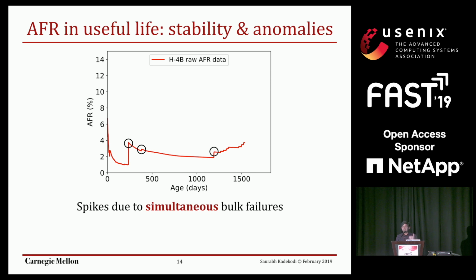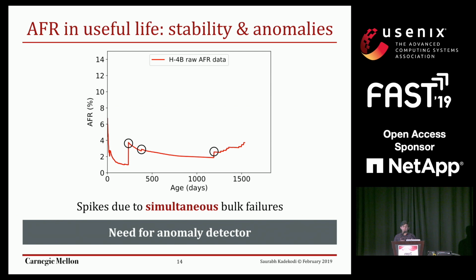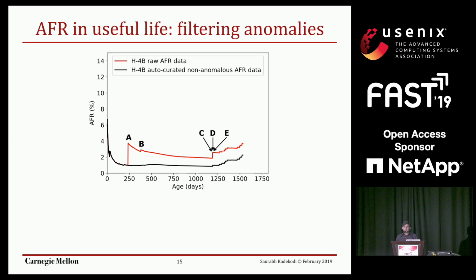Now, this clearly indicates that we need to have an anomaly detector as a part of HeART. So we took an off-the-shelf anomaly detector and ran the data of this bathtub curve through it. And it pointed out points A, B, C, D, and E as anomalous. And when we filtered out the disks belonging to those particular points, the resultant is the black curve, which is indeed flat and well behaved during its useful life.